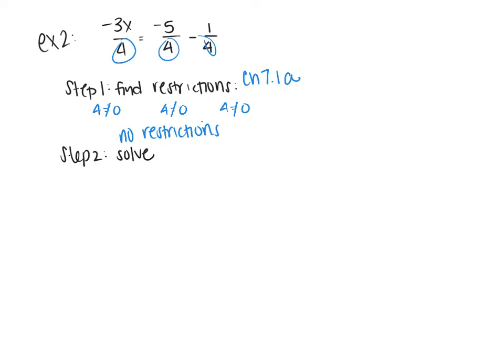So now in step 2, it's going to ask me to solve it. The way I want to solve these is first find the LCD and then multiply everything by the LCD.